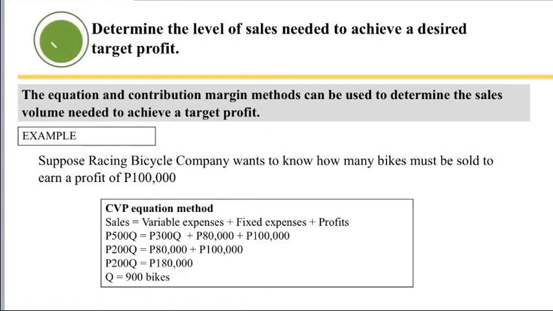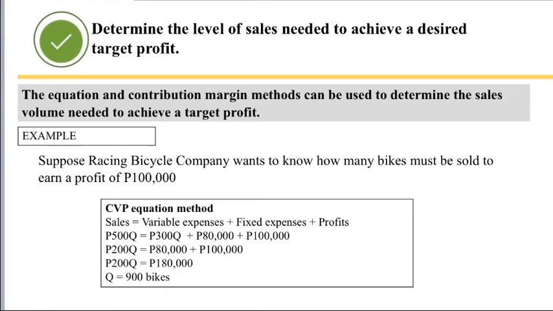Cost volume profit equation method. Sales equals variable expenses plus fixed expenses plus profits. Sales is 500 pesos Q, variable expenses is 300 pesos Q, plus fixed expenses of 80,000 pesos, and profit is 100,000 pesos.